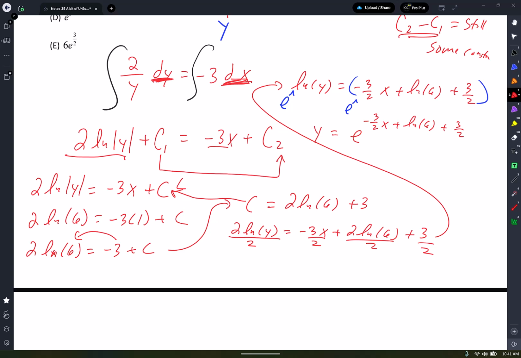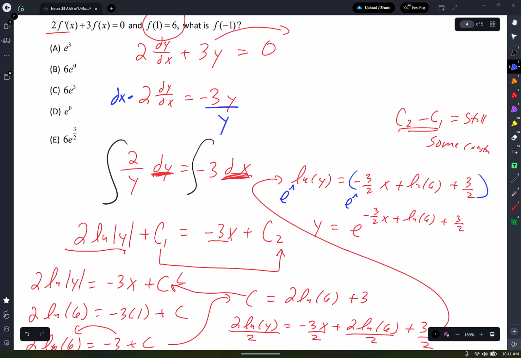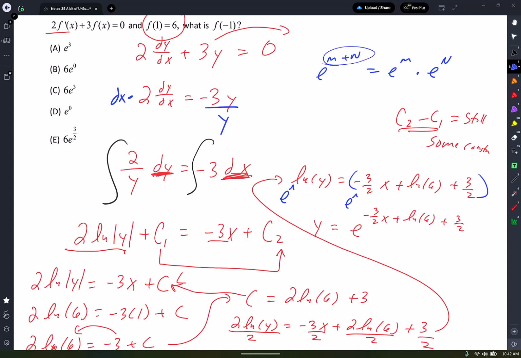I was going to go right into it, but I wanted to. All right. From your algebra days, remember this: if you have e to the m plus n, that means e to the m times e to the n. You guys remember that? This is your law of exponents. See?